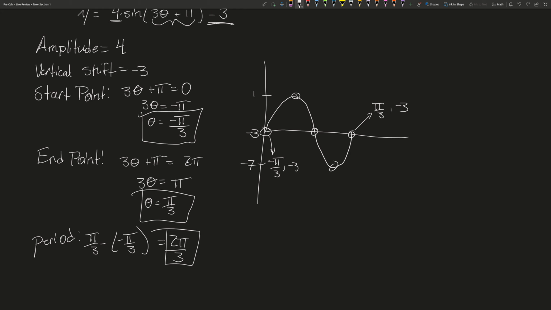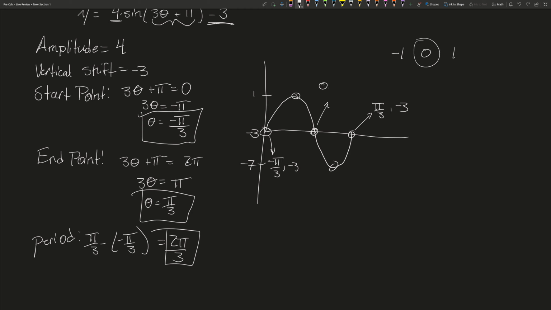Then each of these points is equidistant apart. So what I do first is to find the center of that distance. So the center of negative pi over 3 and pi over 3, if we look at that like on a number line, -1, 0, and 1. So our center point is 0.